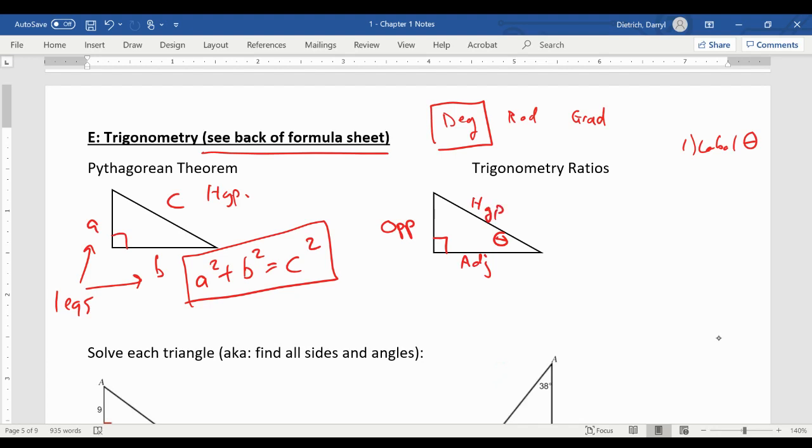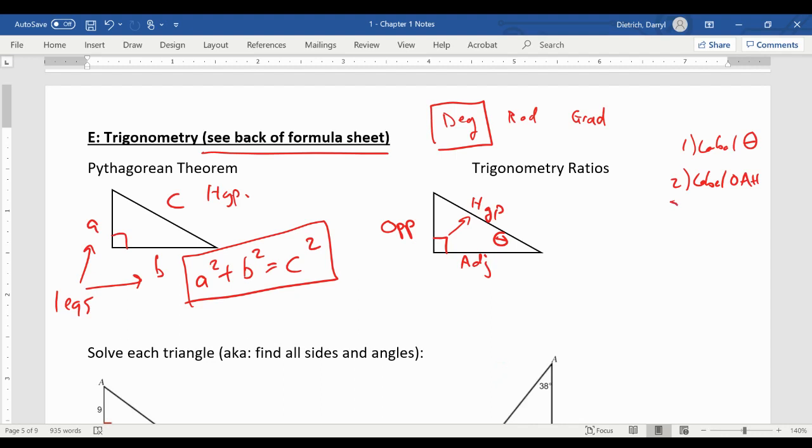The hypotenuse is, of course, always across from the 90-degree angle. The opposite side is always opposite of theta, so that's why we always want to label theta first. Then we'll label our sides O, A, and H.